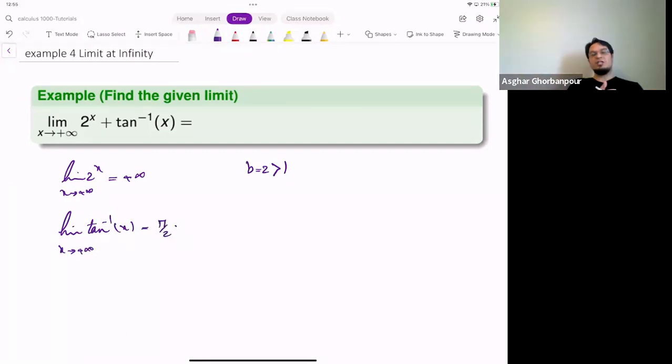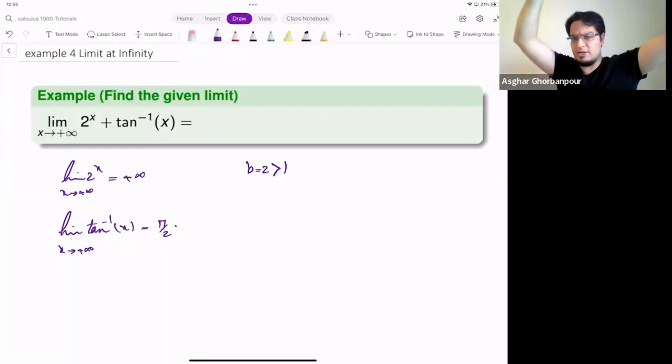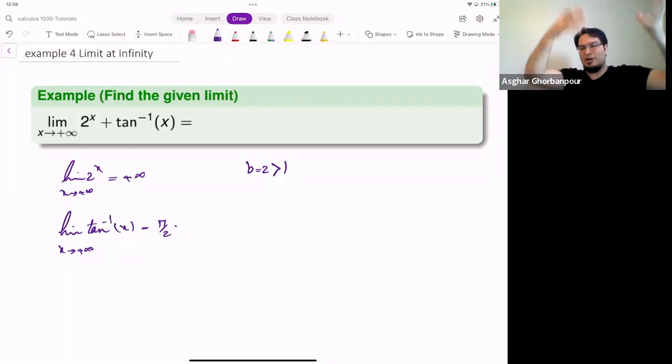Now, one function is getting closer to pi over 2, a number. The other function grows and grows, bigger and bigger. You add these two things: this is just close to pi over 2, and that one is growing bigger and bigger. You add a number very close to pi over 2 to a number which grows larger and larger, and the whole process will continue.